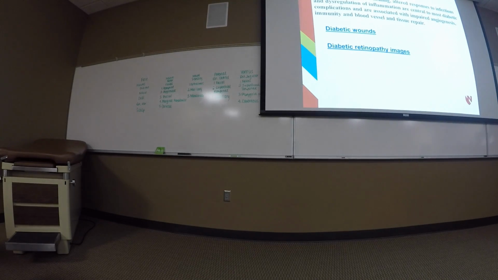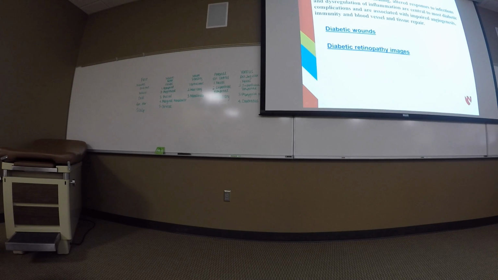Now, we just had breakfast, so what are the consequences of uncontrolled diabetes? Well, a lot of different things, but poor wound and tissue healing is very much part of the challenges that poorly controlled diabetics have. And there's this dysregulation of inflammation.